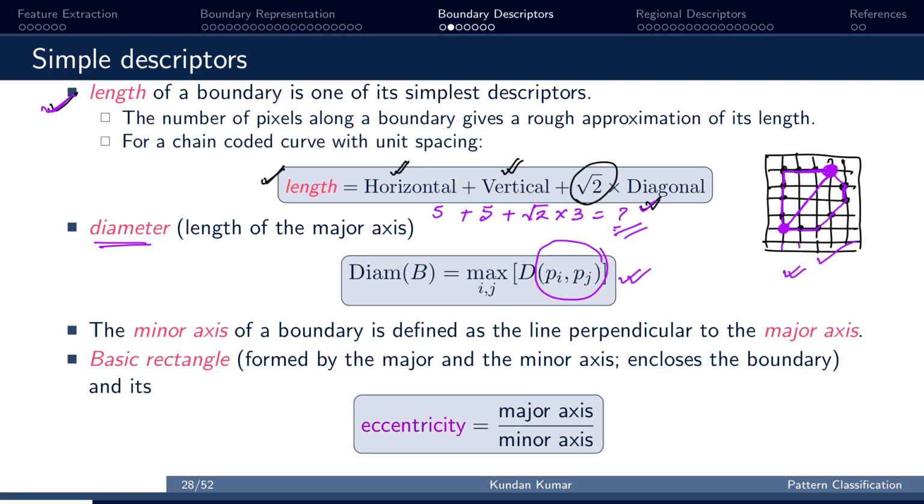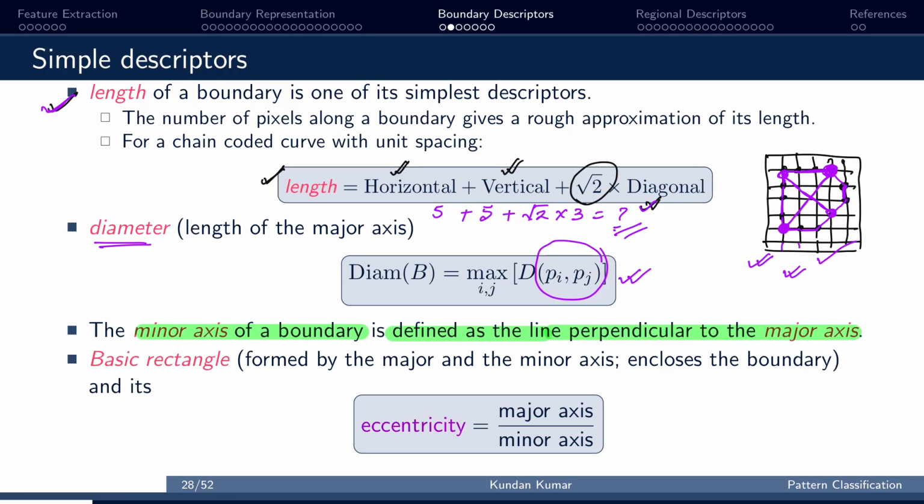The minor axis of a boundary is defined as the line perpendicular to the major axis. So in this case, the diameter can be considered as the major axis, and the perpendicular will give us the minor axis.